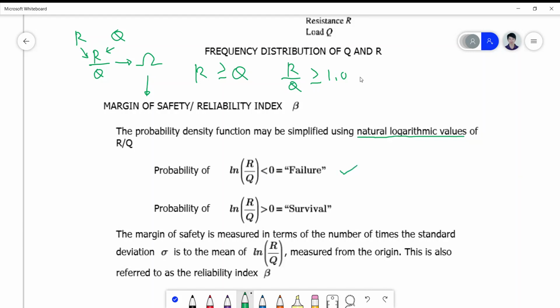So we change the inequality, the comparison, the Boolean inequality, the conditional inequality, from greater to less than, since it is more appropriate to talk about failure as an argument rather than margin of safety or survival as an argument.